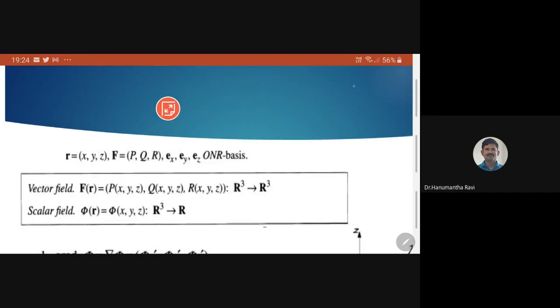We talked about the position vector. In this PPT I am giving this notation instead of ijk, because I am uploading this document, this PPT, in the Google Classroom. That's why I am telling you.